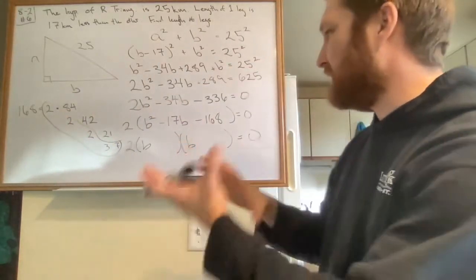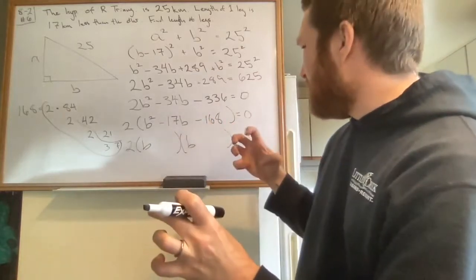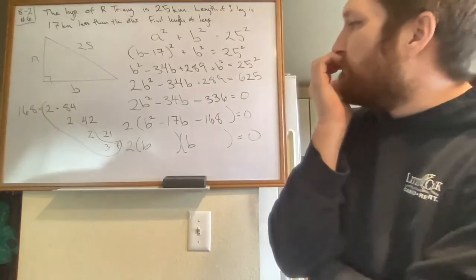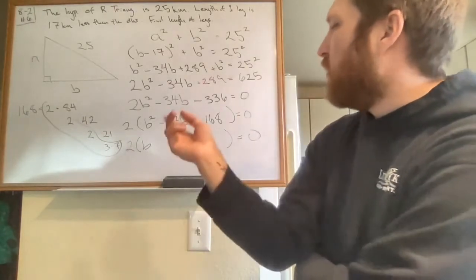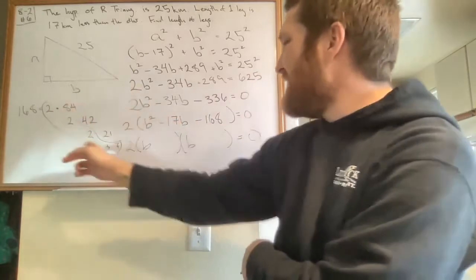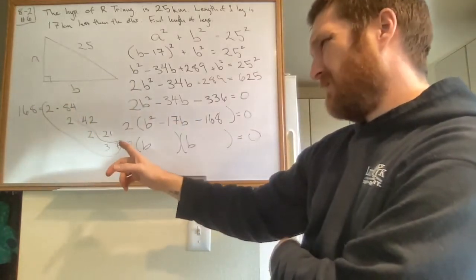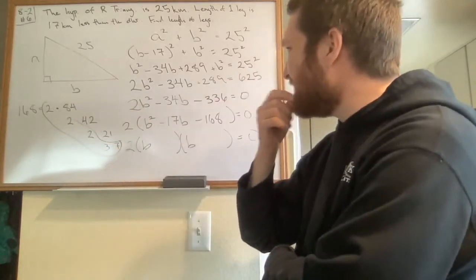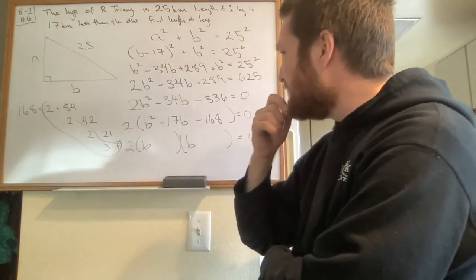So let's see how we could get this to give me 168 and a 17. What about 21 minus 8? Does that work? I don't think so. 21 and 8? No.